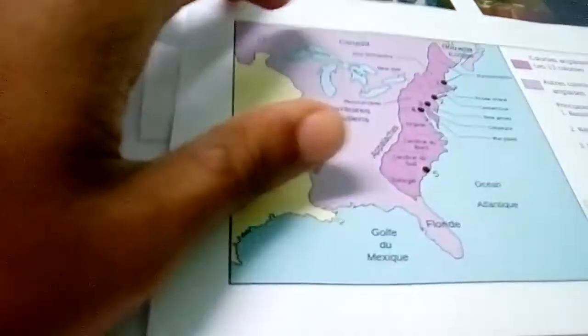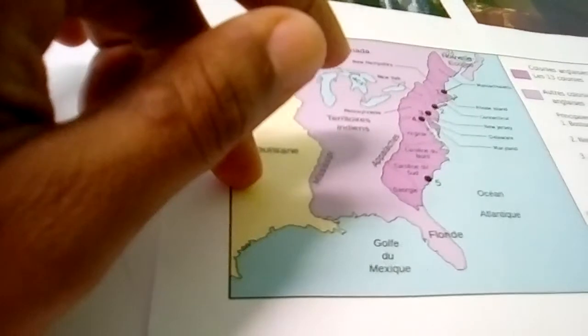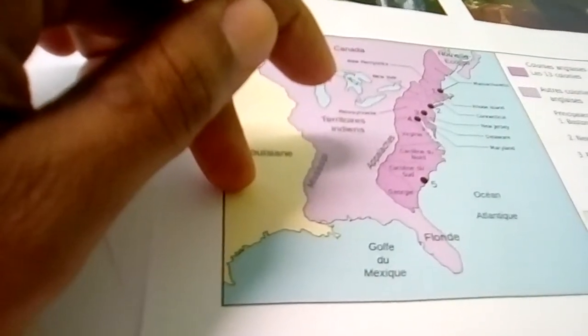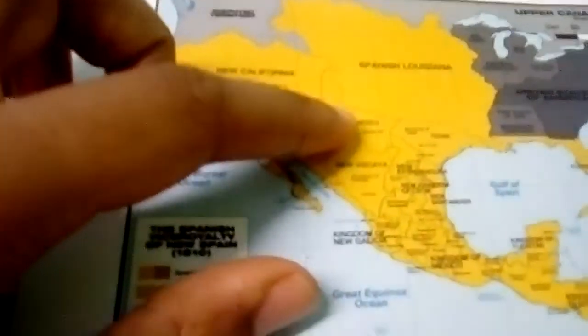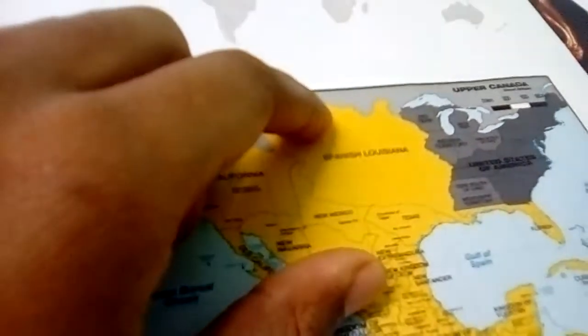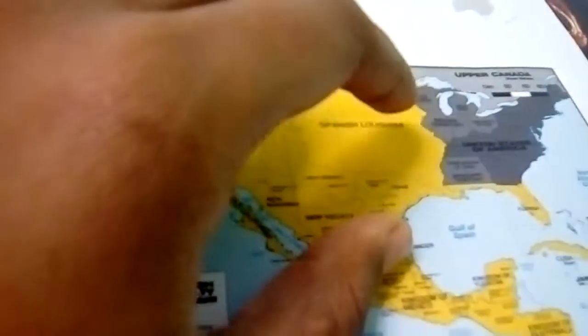But so after the British, it became the Spanish Empire, and when New Spain over here became independent, I believe around 1820, it became this Mexican Empire, which later became a republic, because this part was sold by Napoleon to the United States.